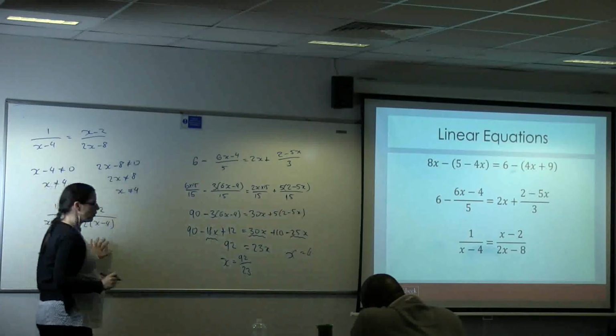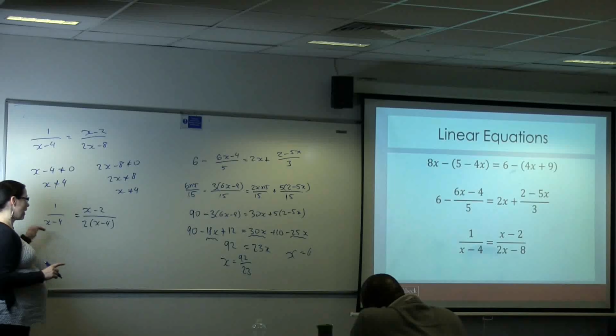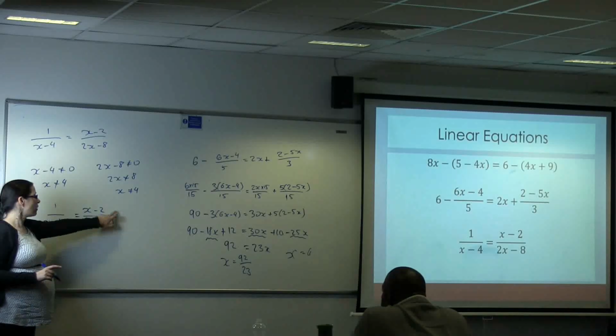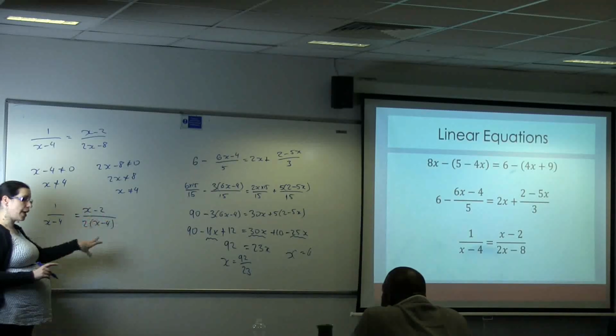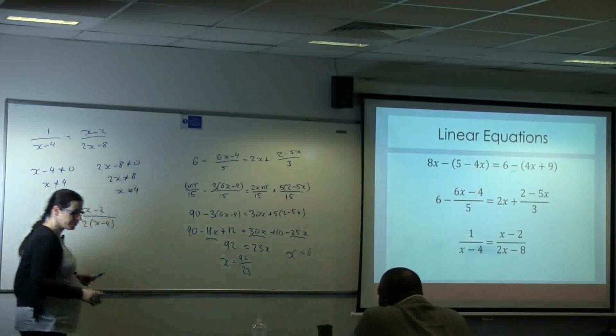And why is that good for me? Because then the common denominator, which I need to multiply up by, is the 2 times x minus 4, meaning that this fraction will not change. I just need to multiply this fraction 2 at the top and 2 at the bottom.